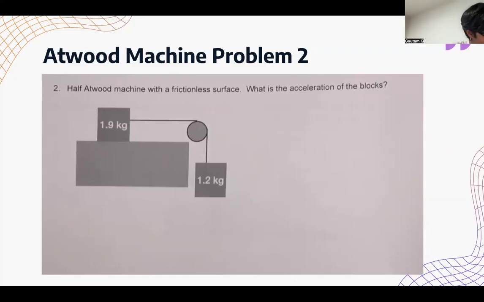Can someone tell me what this block is facing currently? Tell me how this block is going to move. You just have to tell me its movement, right? Actually, let's start with this block. Tell me what this block is facing. This block is facing two things, right?